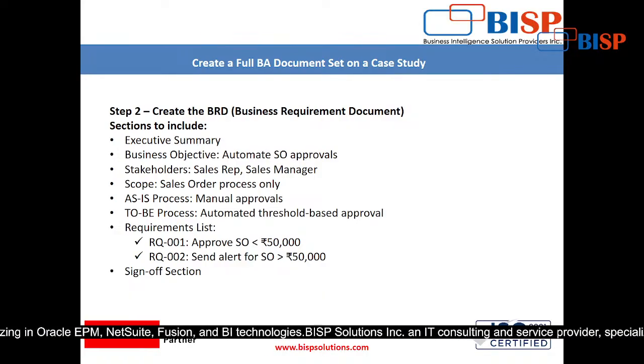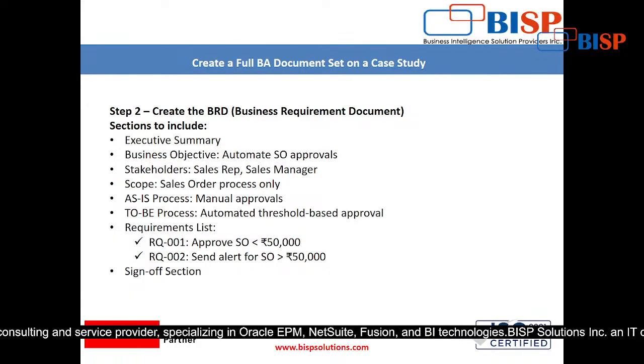So if you take sign off, at the end of the day nobody will say I have not approved it like this, I did not want it like this, the process was not according to the requirement. So you have to take the sign off. In this sign off section you have to write down all the people who are directly or indirectly related to this process or this use case.